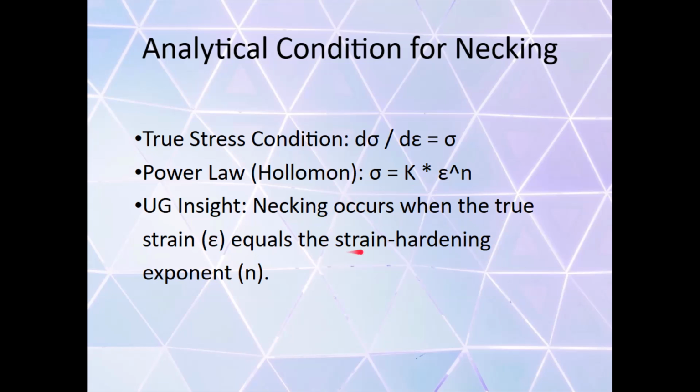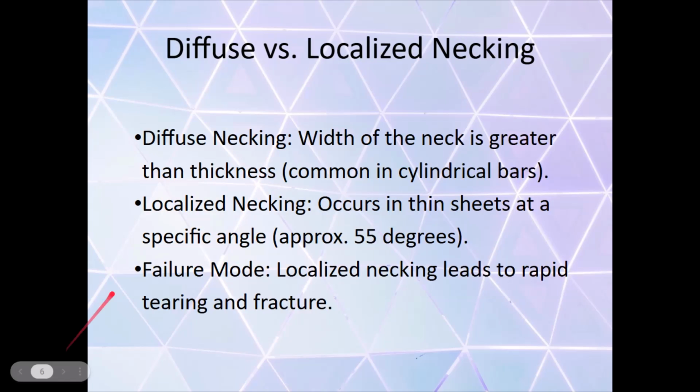Necking occurs when the true strain equals the strain hardening exponent. As you can see here, because of this relation between the strain hardening exponent and the true strain, necking occurs.